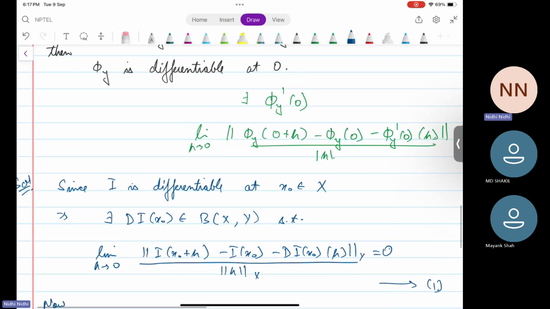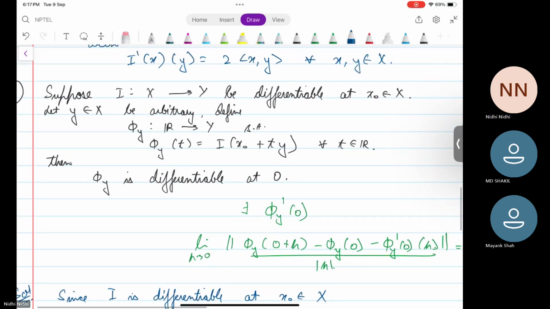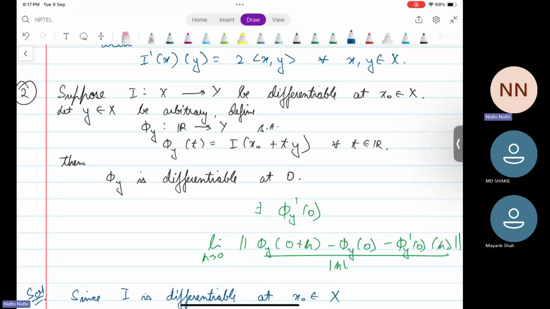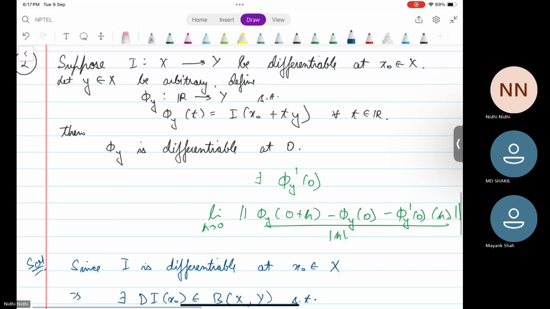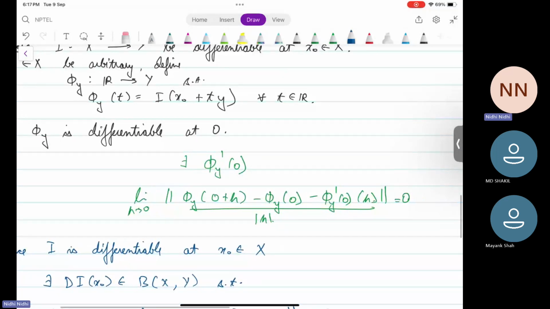Are you asking about X and Y? For the domain of phi dash y of 0, the derivative. Okay. So for the derivative, it will again be from R to Y. Whenever we have a function, its derivative is a bounded linear map with the same domain and codomain.